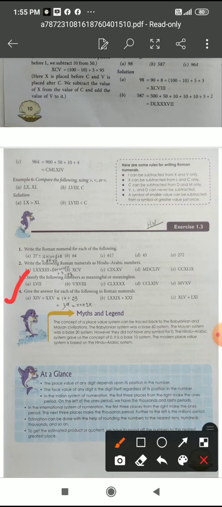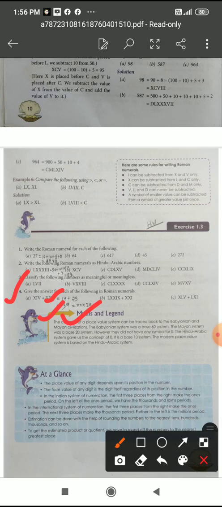First one you see, for A, XIV plus double XV. XIV means X is 10, then 4. 10 plus 4 is 14. Then XXV means 10 plus 10 plus 5, that is 25. Then you add, we get 39. 39 means 10 plus 10 plus 10 is triple X. 9 means IX. Clear children?